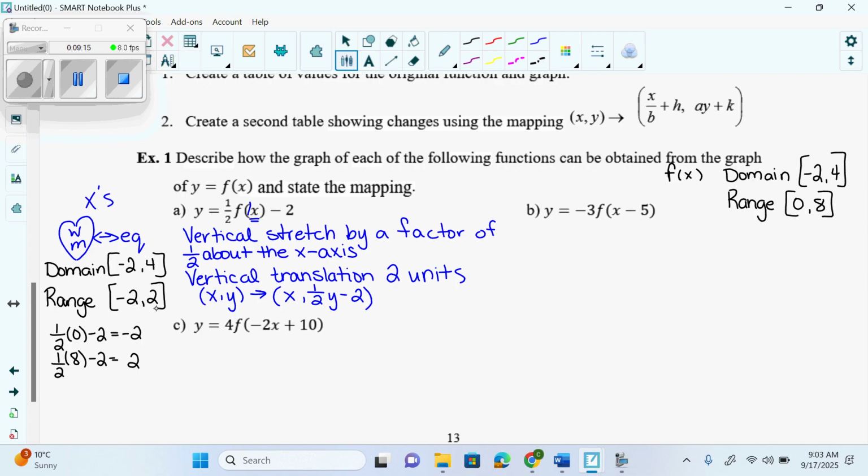So if I had given you the domain was -2, 4 and the range was YER, and then I gave you a question, everyone paying attention, and they gave you multiple choice options: A, the domain stays the same, the range stays the same. B, the domain stays the same, the range changes. C, the domain changes, the range changes. D, the domain changes and the range stays the same.